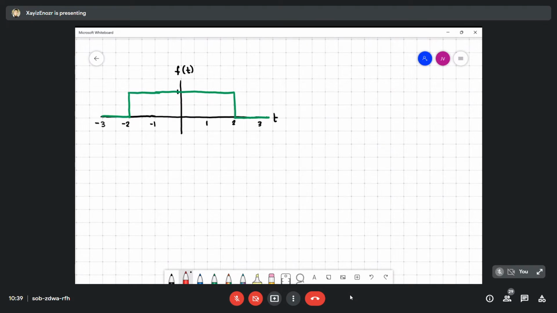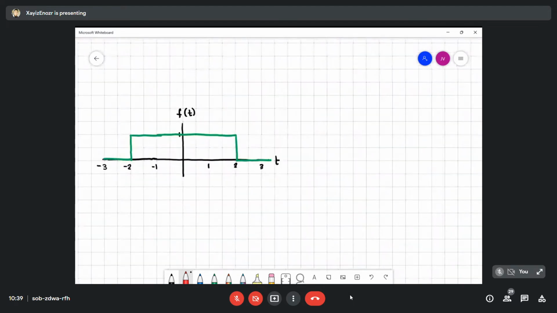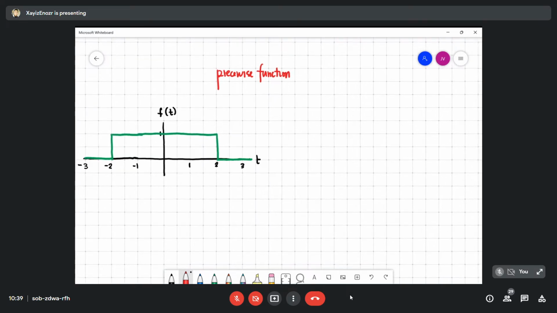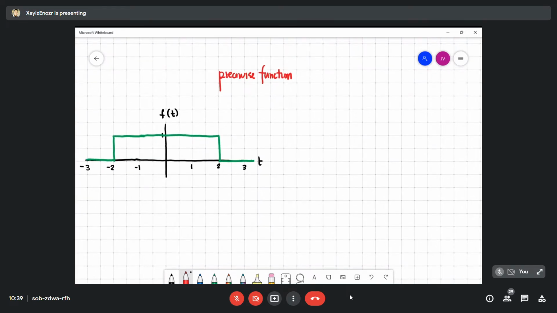So pag ganito yung function, hanapin natin yung piecewise function na tinatawag. Ibig sabihin, yung piecewise is merong breakdown yung function mo, okay, for certain range of independent variable, or merong certain value yung function for different ranges of values of time, kasi we are talking about here time function f of t.